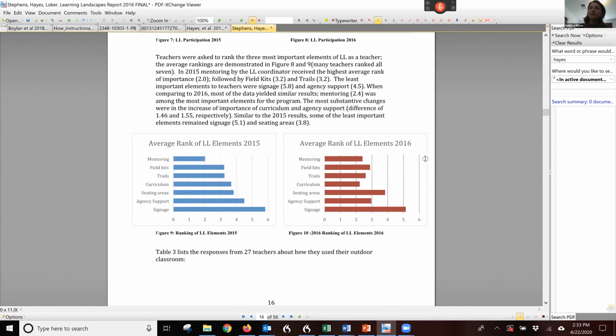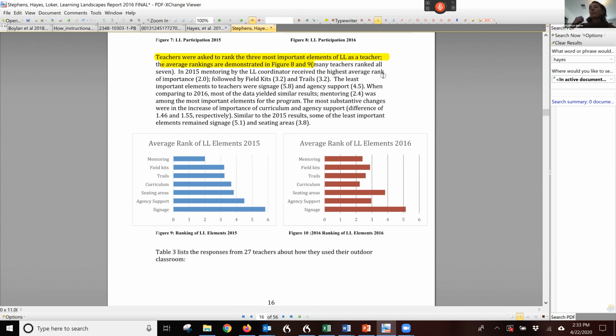Again, in comparison 2015 to 2016, and then there are these different elements: mentoring, field kits, trails, curriculum, etc. All right, and I've made just a pretty basic bar chart with each of these. So then the interpretation, first of all, in this paragraph, an explanation of what's going on in the charts. Teachers were asked to rank the 3 most important elements of this program as a teacher. Their average rankings are in charts 8 and 9, all right?